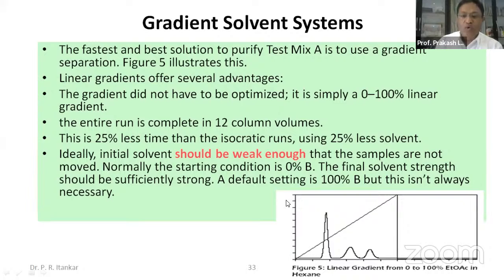So how to achieve the desired separation of all three constituents without manually stepping up the gradient? That can be achieved by the computer software, and the entire run is going to be calculated on the basis of column volumes.